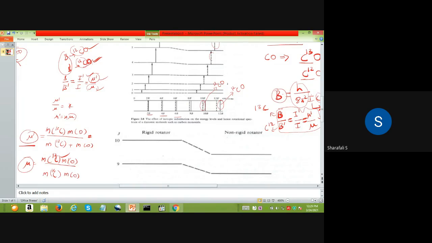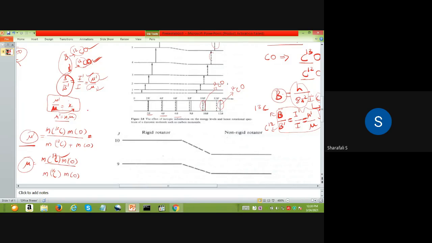It can be given by B by B dash from the spectroscopic analysis. Equate that and find out this mu dash by mu value, which is equal to B by B dash, which will be equal to X. So multiply this mu with X, you will get mu dash.